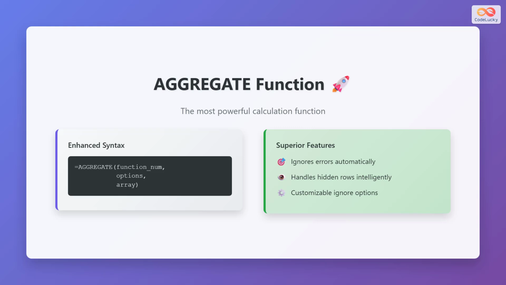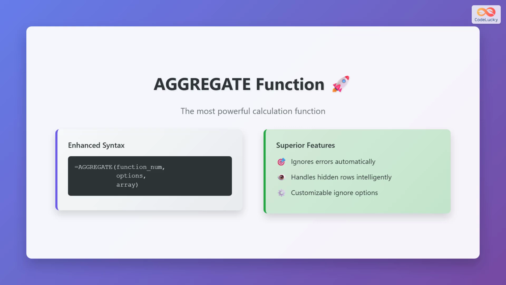The aggregate function is the most powerful calculation function available in Excel. It offers an enhanced syntax compared to subtotal, allowing for even greater flexibility. The syntax is equals AGGREGATE, open parenthesis, function_num, comma, options, comma, array, close parenthesis.